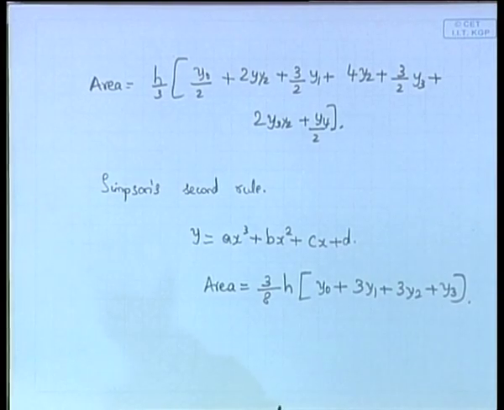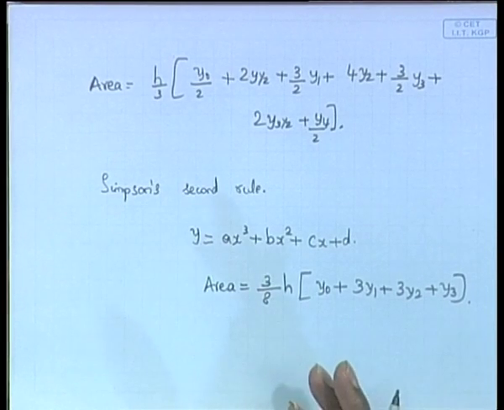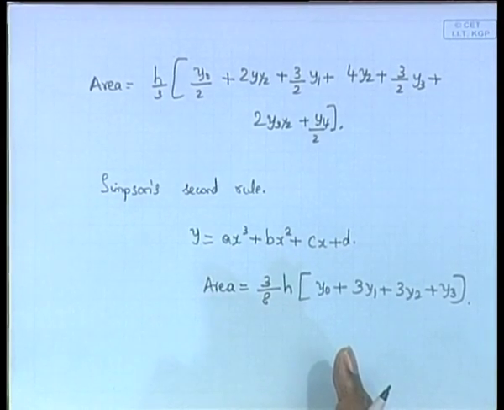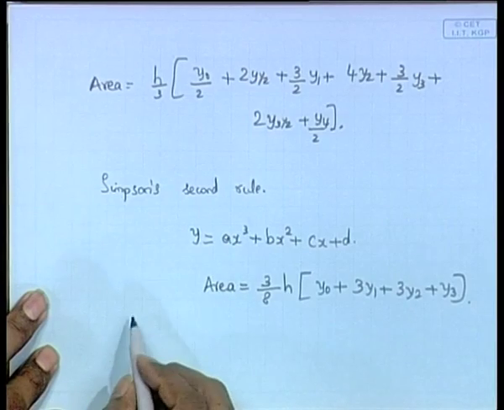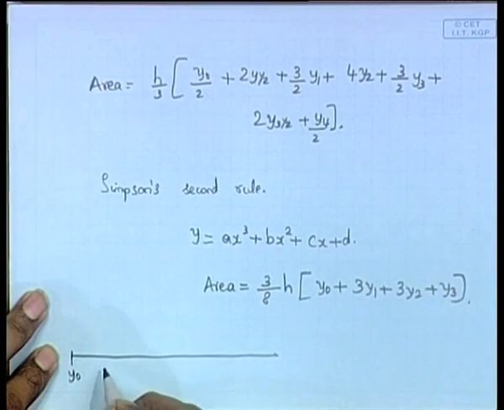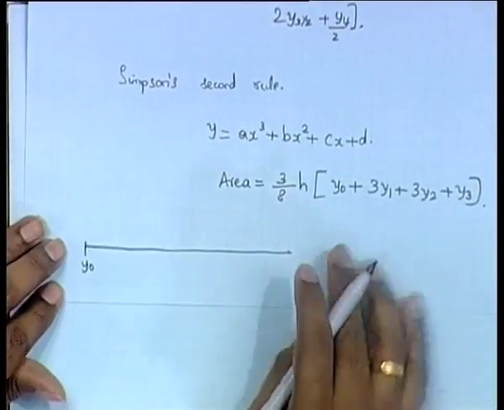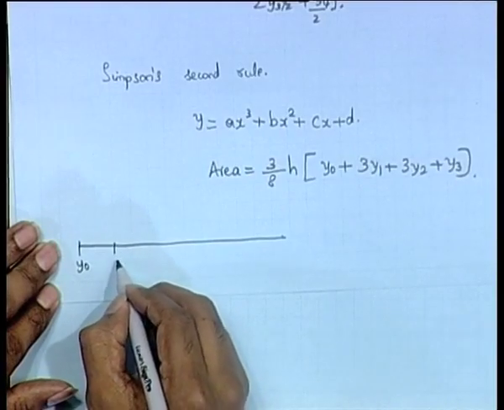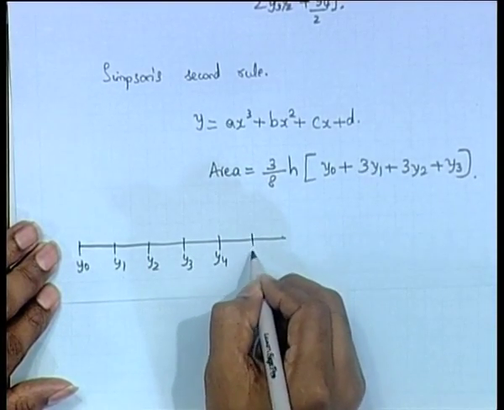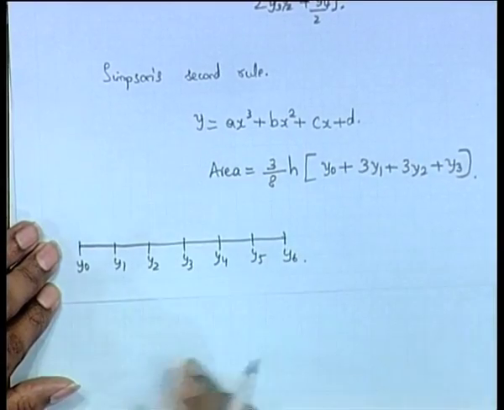Suppose you have a problem like this, with ordinates y 0, y 1, y 2, y 3, y 4, y 5, y 6, a system like this.